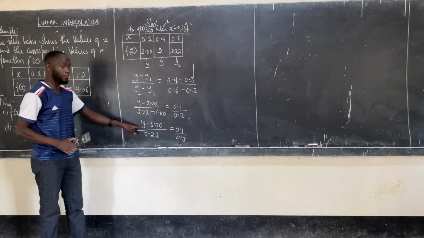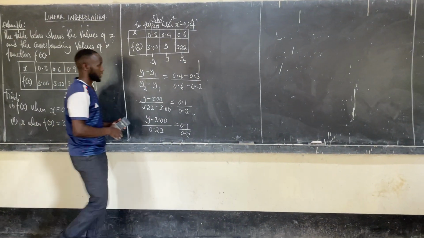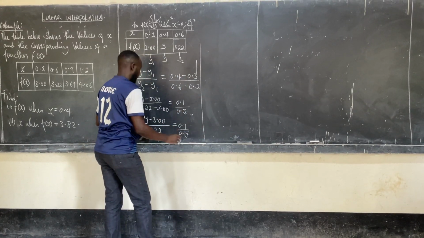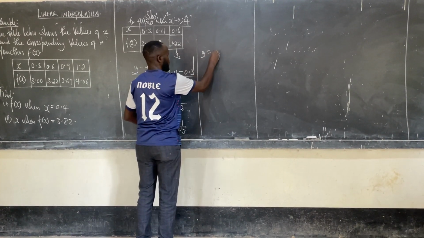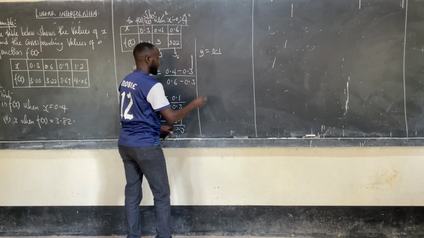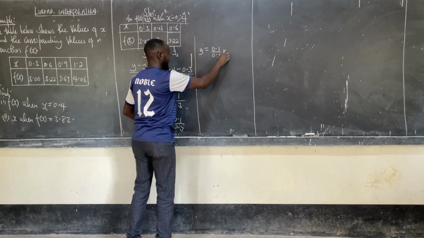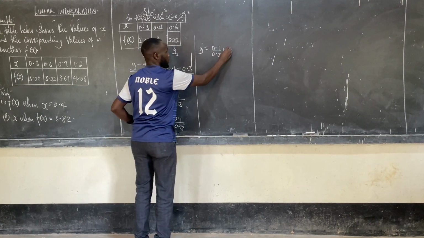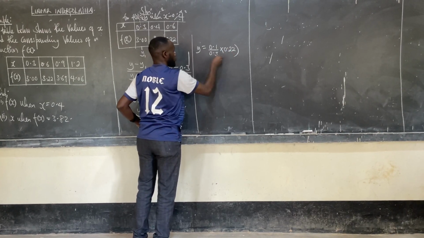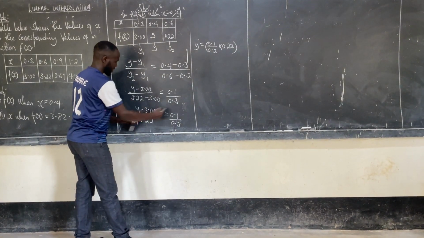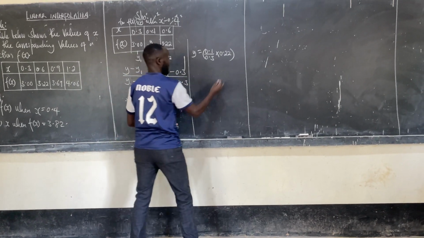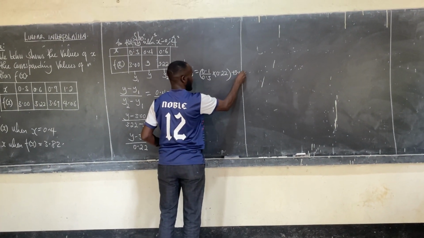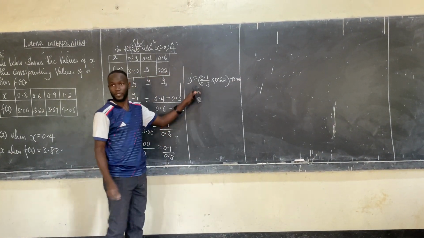After getting this, now make y the subject. So in that sense, you'll have y equals 0.1 divided by 0.3 times 0.22, when this one multiplies this, and when 3.00 crosses the equal sign, it becomes positive, then plus 3.00. This is what you have.